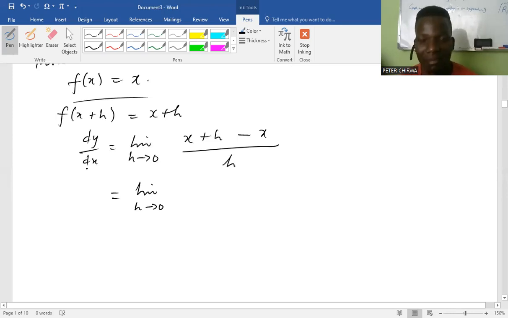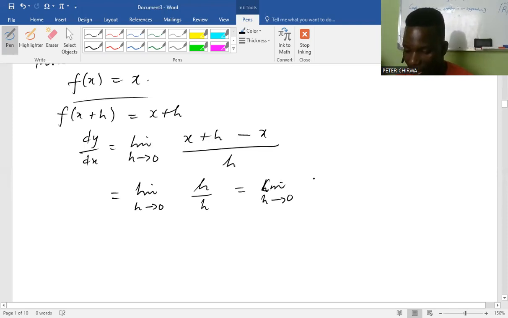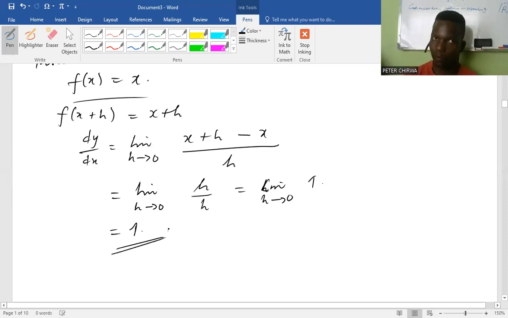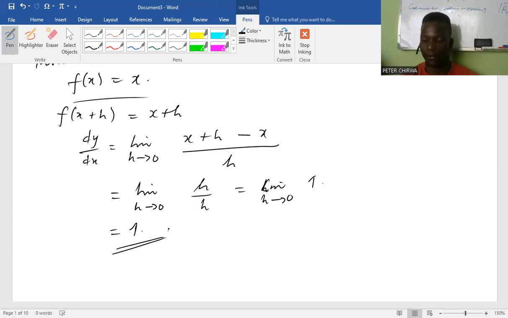So this one is the simplest, okay? x minus x gives us 0, and we have h over h, which is 1. So basically we have a 1. So this is how you solve it. I believe you solved it this way. That's how you do it with derivatives.